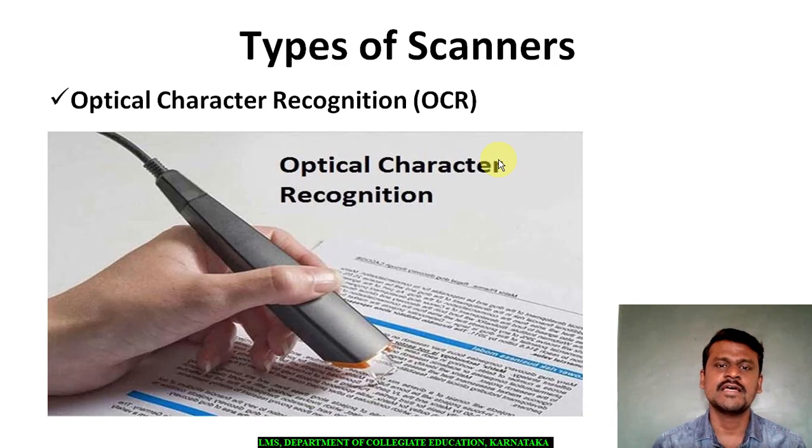optical character recognition. Optical character recognition is nothing but, for example, you can see here, this is the optical character recognition. This reads the alphabets as well as numbers. The alphabet may be A to Z, capital or small letters, and 0 to 9 numbers, right?